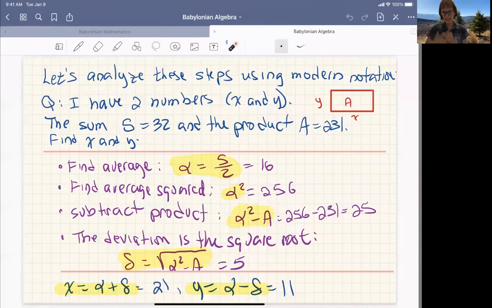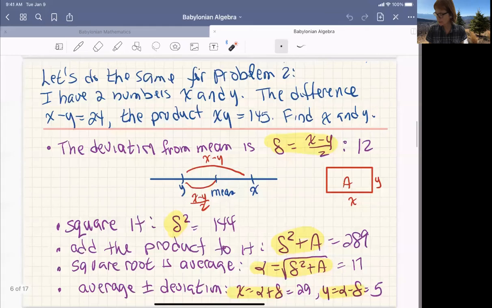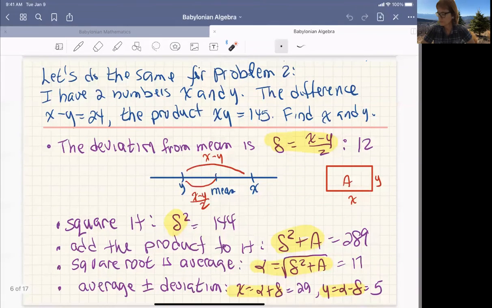And so that's basically giving it a more algebraic view. I could do the same for problem 2. I inserted a picture here because we're assuming that x is the larger of the two numbers, y is the smaller of the two numbers. The mean is what we're calling alpha.